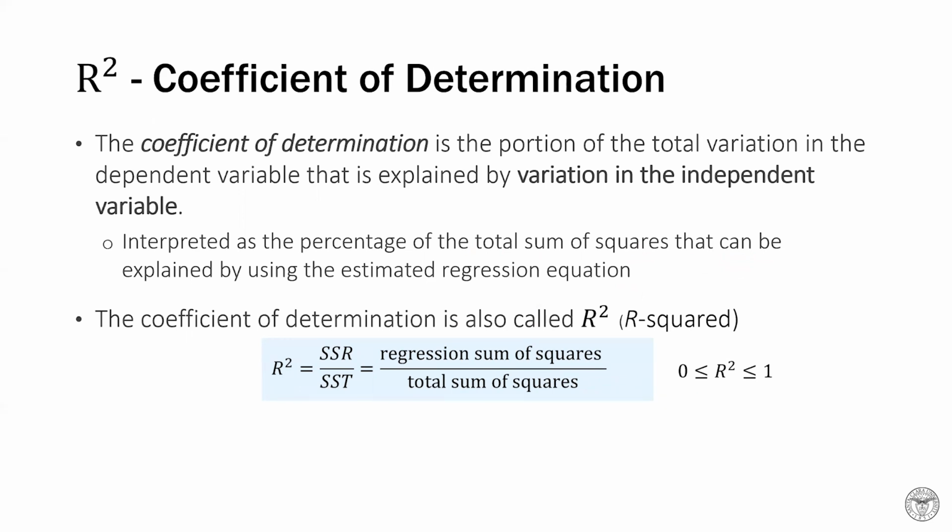R squared measures the strength of the relationship between our linear regression model and the dependent variable on a convenient scale of 0 to 100%. 0 represents a model that does not explain any of the variations in the response variable around its mean. 100 represents a model that explains all the variations in the response variable around its mean.